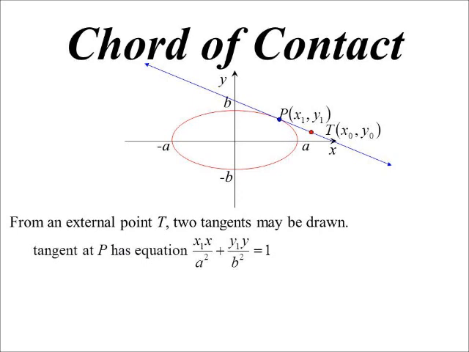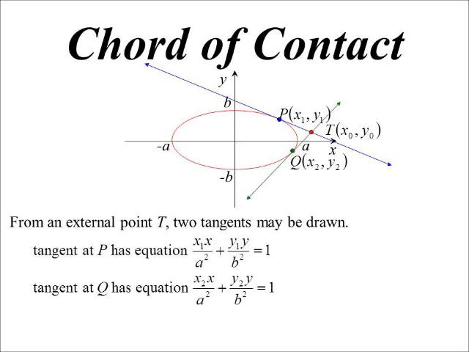Then I know the tangent at P, from what we just saw, would end up mimicking the ellipse. So it'll be x1 x/a² + y1 y/b² = 1. And the tangent at Q, let's call that the point (x2, y2), would have the equation x2 x/a², and so on. Okay.